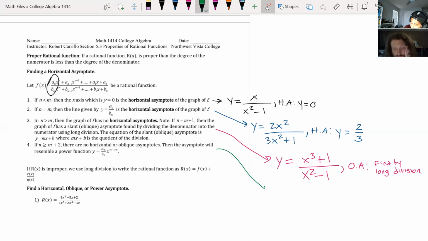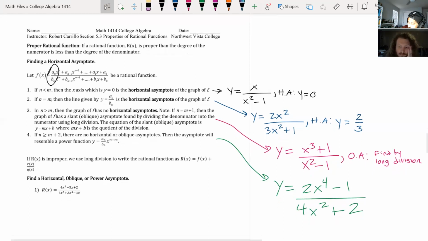So for rule number 4, let's say I had y equaled 2x to the 4th minus 1 over 4x squared plus 2. In this example, the degree of the numerator is 4 and the degree of the denominator is 2. So my degree of the numerator is bigger than the denominator by 2.